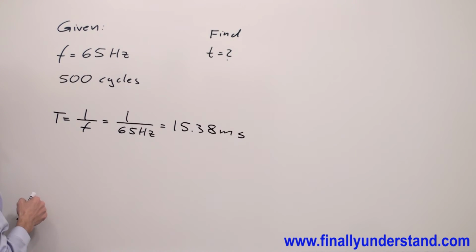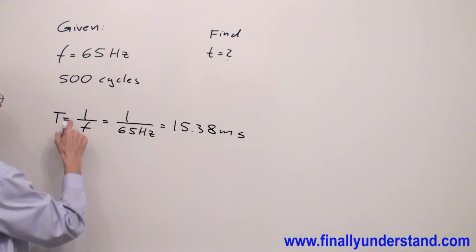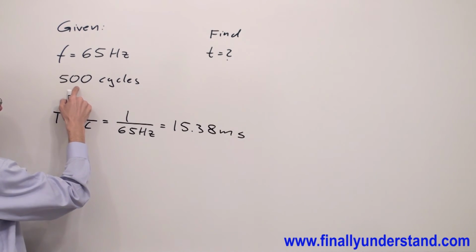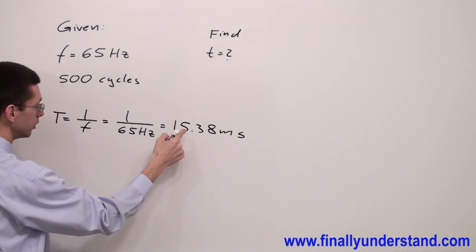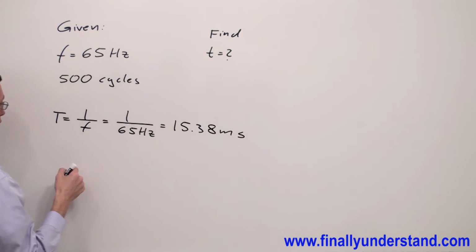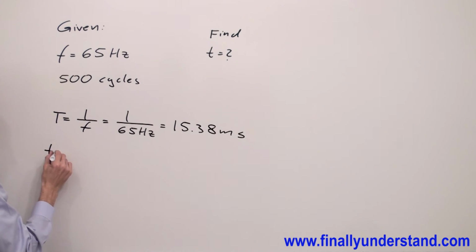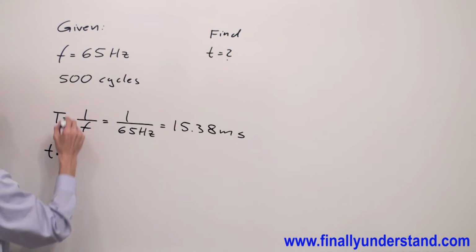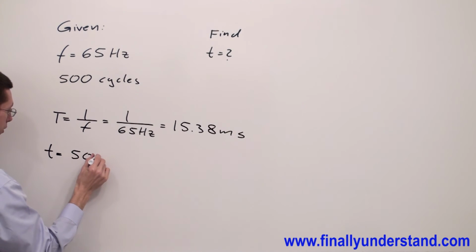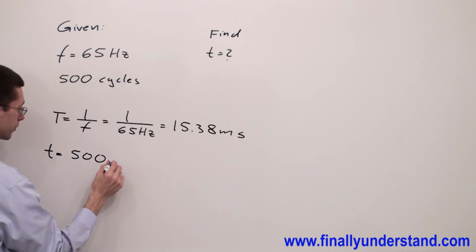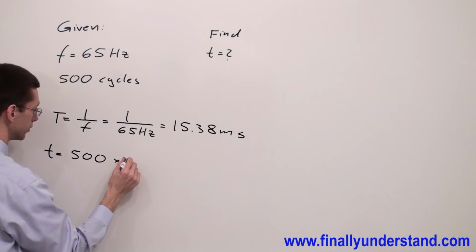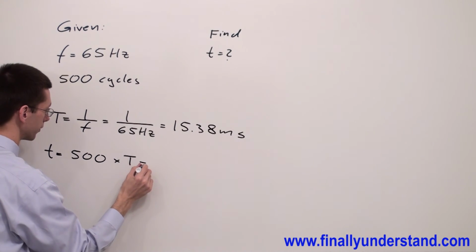Next, I have to find the time which is required to finish 500 cycles. This is the time to finish one cycle. So in order to find t, I have to multiply 500 cycles times the period.